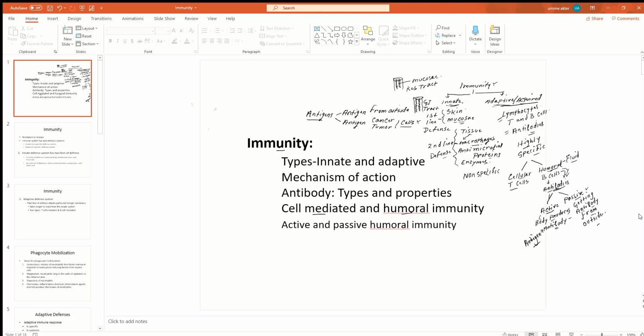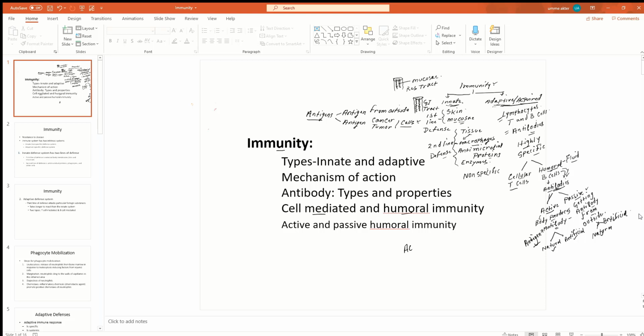Now active and passive both could be natural and artificial. So this is also passive, could be natural and artificial. Okay, so both active and passive could be natural and artificial. Now let me give you an example of each of these. Okay, so let's go here.